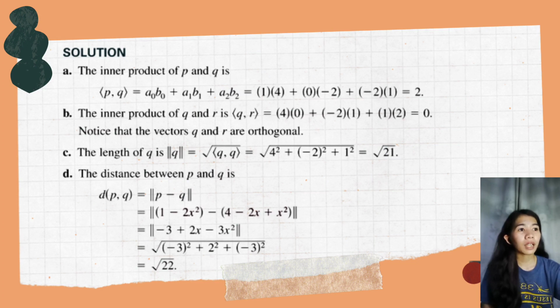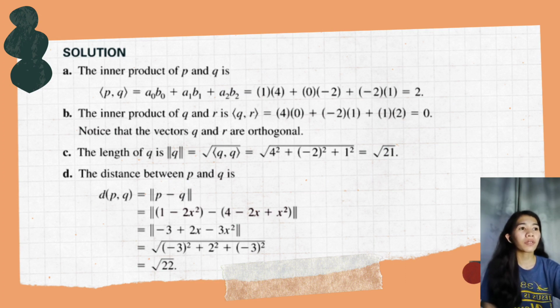And letter B, the inner product of q and r is 4 times 0, since 4 has no like terms in r, plus negative 2 times 1 plus 1 times 2, which is equal to 0. So we will notice here in letter B that q and r are orthogonal.